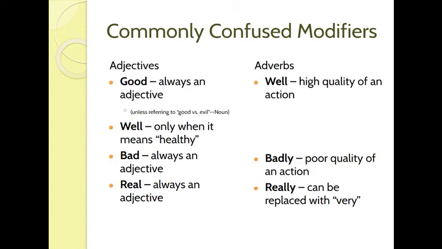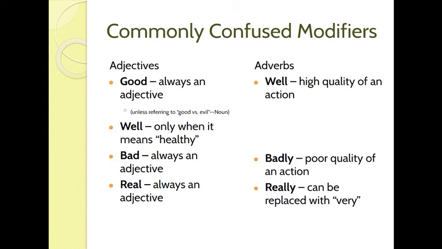Now compare that to adverbs. Well is typically what we use as an adverb. So unless well means healthy, well is always an adverb. Well is a high quality of an action. You do something well. Do is an action verb. Therefore, well is going to describe that action. That's what adverbs do. They describe action verbs.